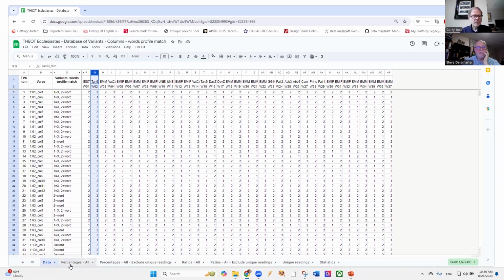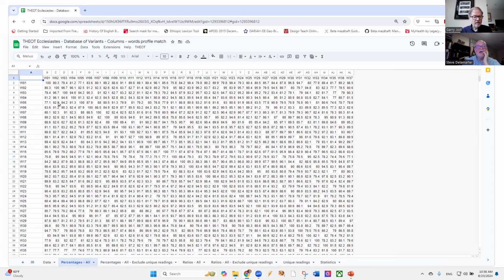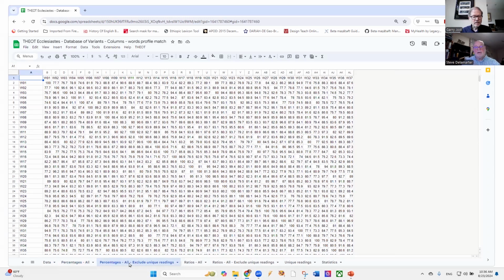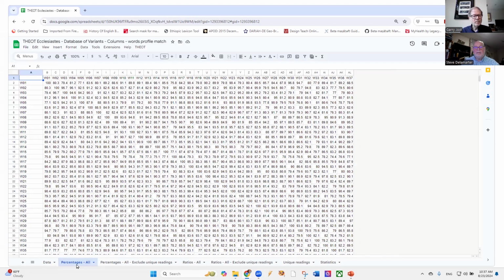That leads us to the percentage tabs. Next to the data tab, there are two percentage tabs. The second one excludes unique readings, and we'll get back to unique readings in a bit. The first one includes unique readings. Again, these are all the percentages for each manuscript against every other manuscript.